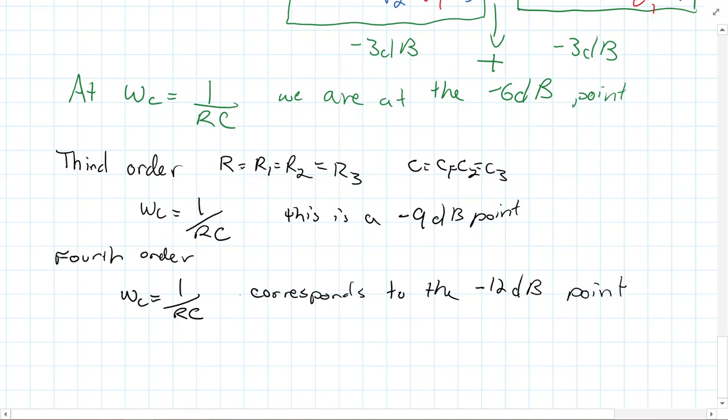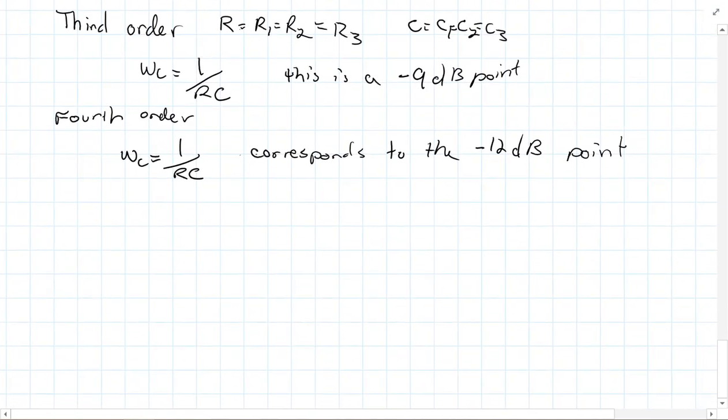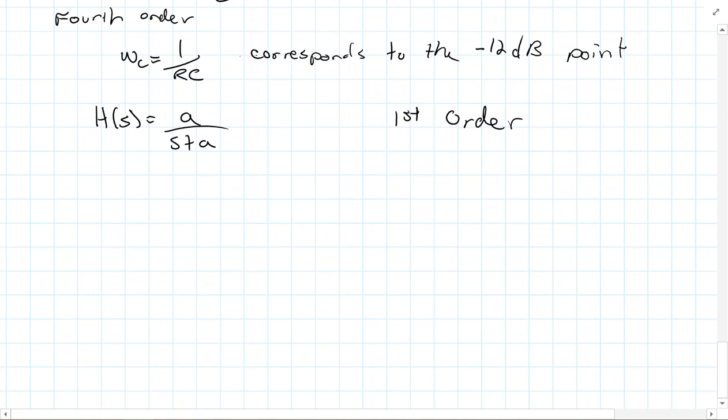So by just simply adding, because what we're doing here, let's look at the transfer function of what we're doing here. So the first order low pass, this is A over S plus A. This is first order. And then what we're doing is we're just increasing these: A squared over S plus A squared. We're putting an additional pole. This is second order.